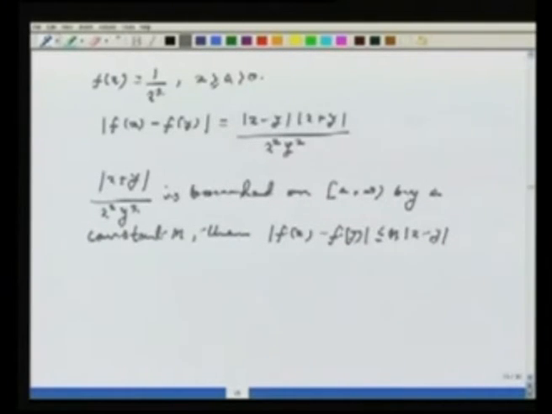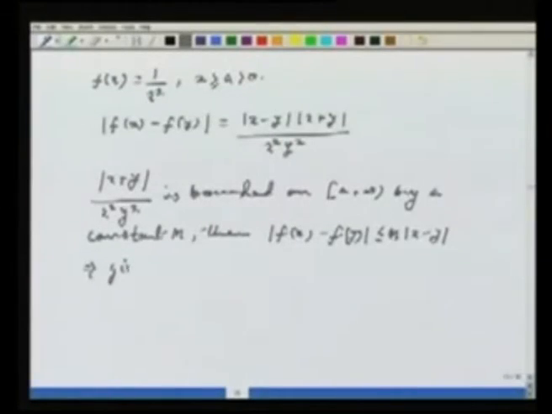If I can show that, then this implies that given epsilon bigger than 0, choose delta to be equal to epsilon by m.